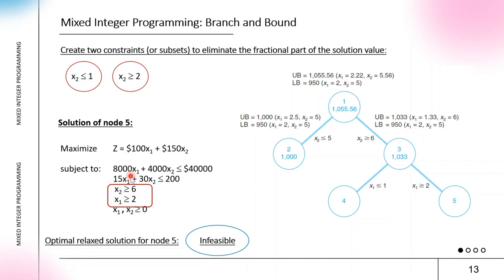However, as we can see from the bottom of the slide, the solution is infeasible. It means that no point satisfies all constraints simultaneously. This means node 5 does not yield a feasible integer solution. So we discard this node in the branch and bound tree.